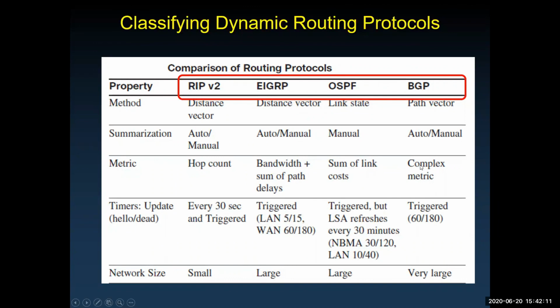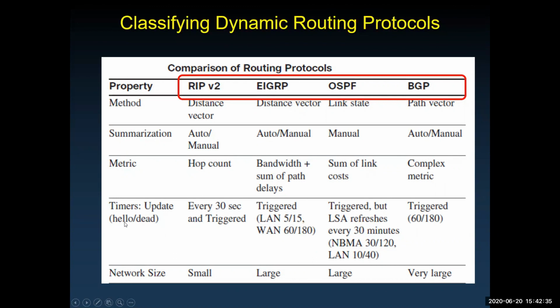BGP, very complex. Timer update, meaning kailan siya nag-hello and kailan siya nagsisend ng dead interval. When you say dead interval, ito yung heartbeat na tinatawag sa VMware. So, once he found out na walang response for 15 seconds, he will pronounce the path as dead.